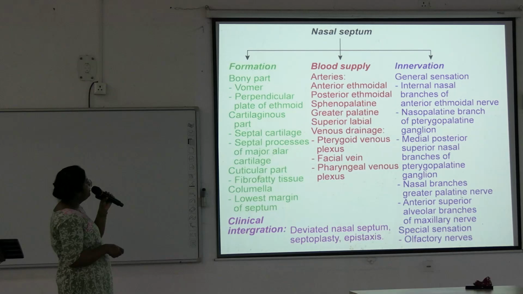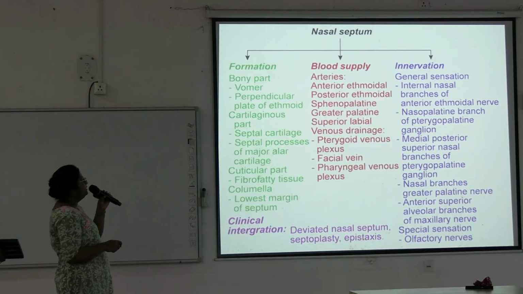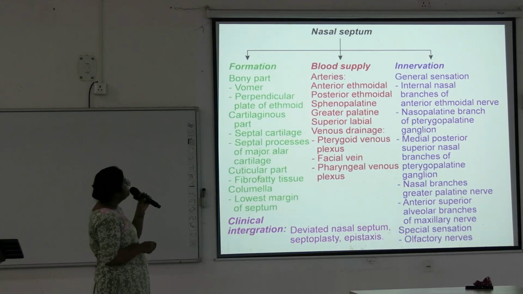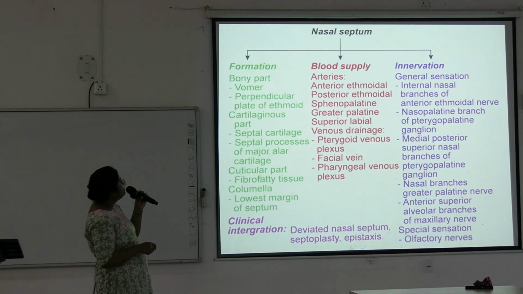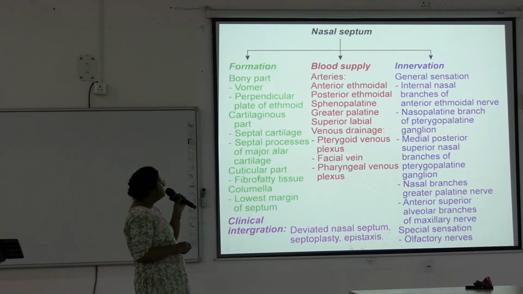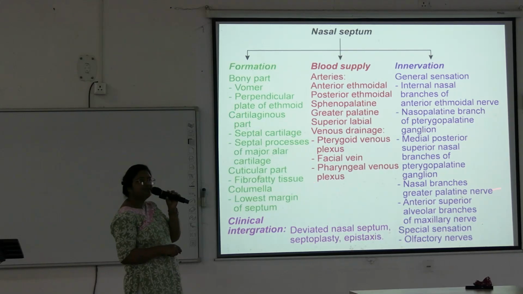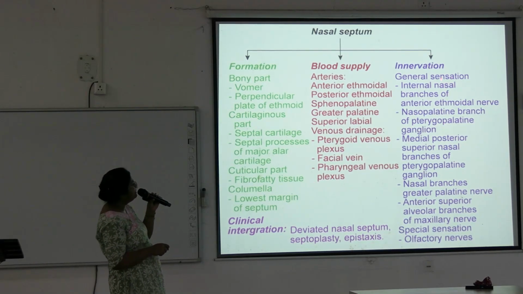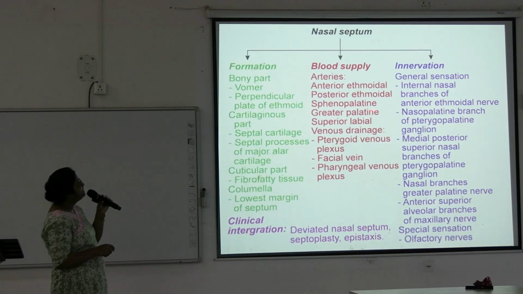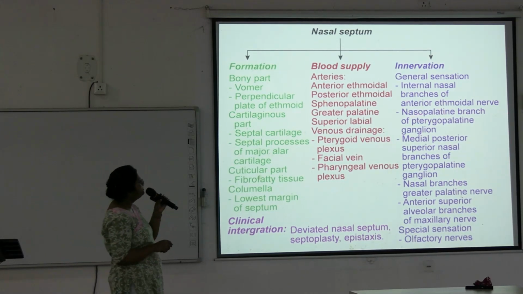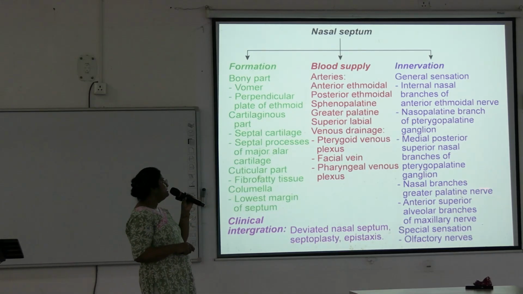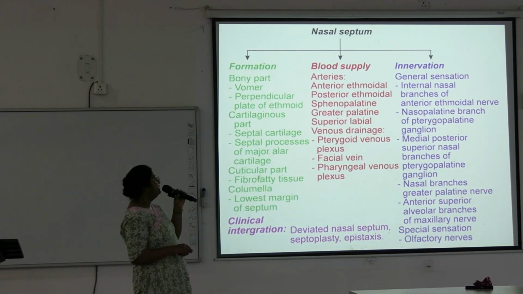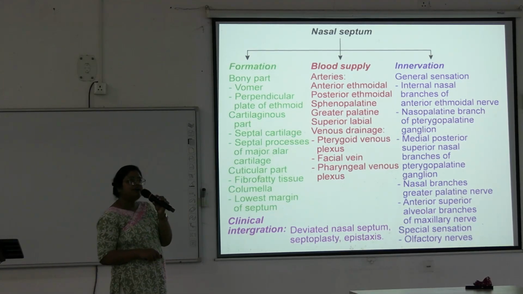Okay. So blood supply, you have seen these arteries: anterior ethmoidal, posterior ethmoidal, sphenopalatine, greater palatine, and superior labial. And venous drainage is going to the pterygoid venous plexus, facial vein, and pharyngeal venous plexus. Innervation, general sensation is carried by the internal nasal branch of anterior ethmoidal, nasopalatine branch of pterygopalatine ganglion, medial posterior superior nasal branch of pterygopalatine ganglion, nasal branch of greater palatine nerve, and anterior superior alveolar branch of the maxillary nerve.